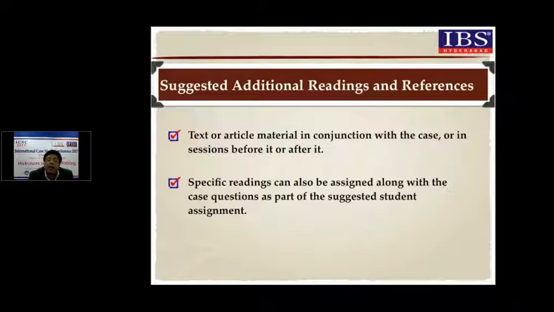So a particular chapter you want them to read from a particular book, you can write down there. Some research papers you want them to read, you write down there, so that they can understand well, not only the teacher but also the student. This can be suggested for them, the teacher can suggest that.